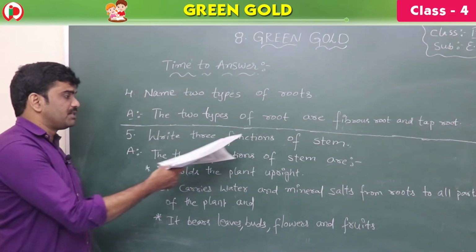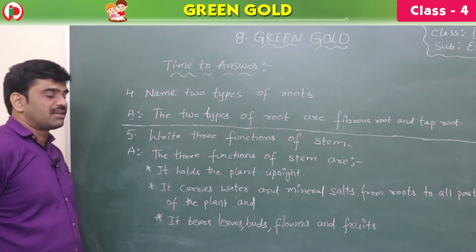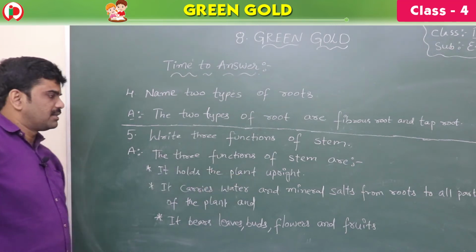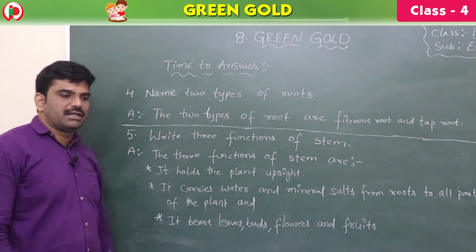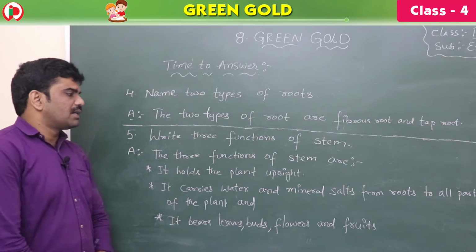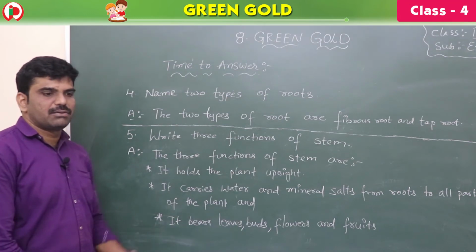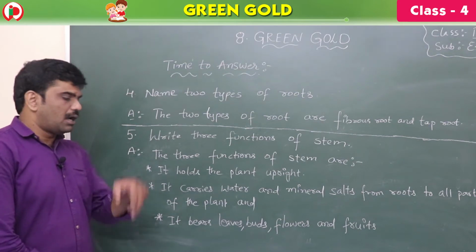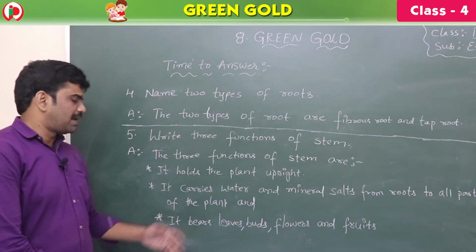Next one, write three functions of stem. So what are the functions of stem? First one, it holds the plant upright. The three functions of the stem are, yes, it keeps the plant upright, straight. It carries water and mineral salts. So what will the stem carry? The water and mineral salts from roots to all the body parts of a plant.